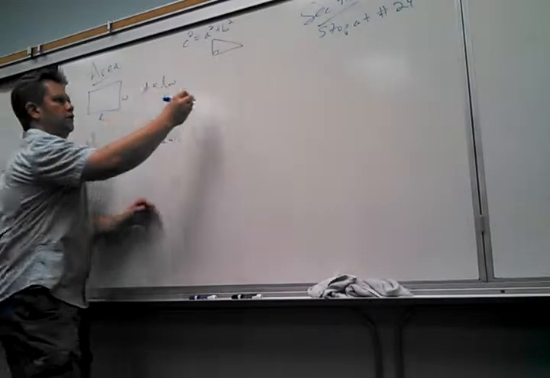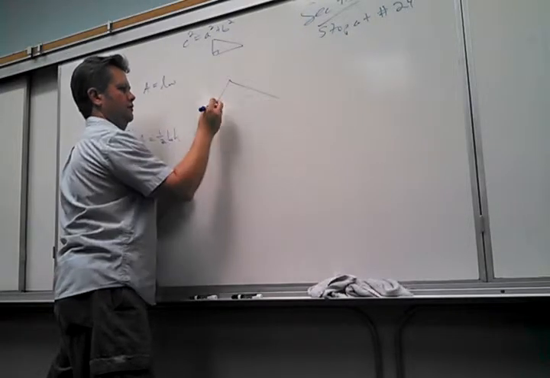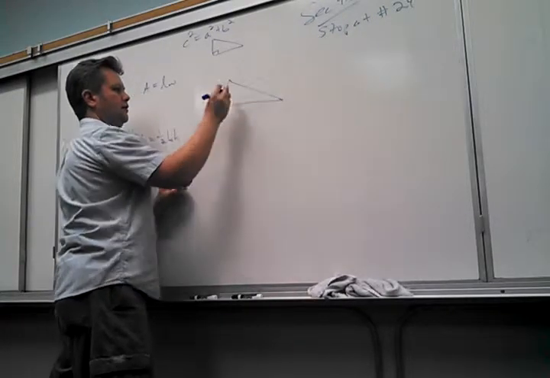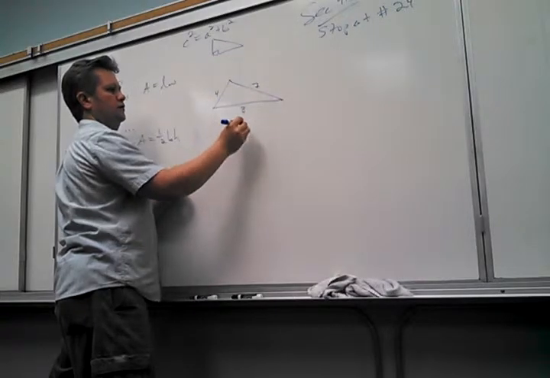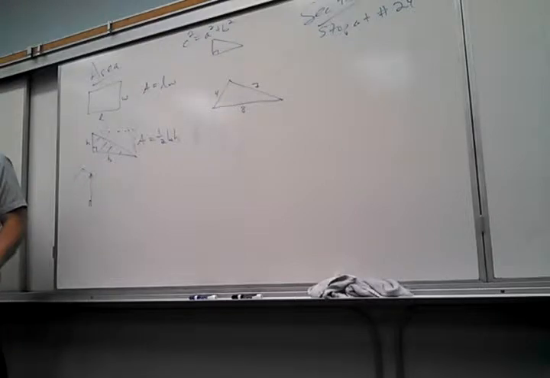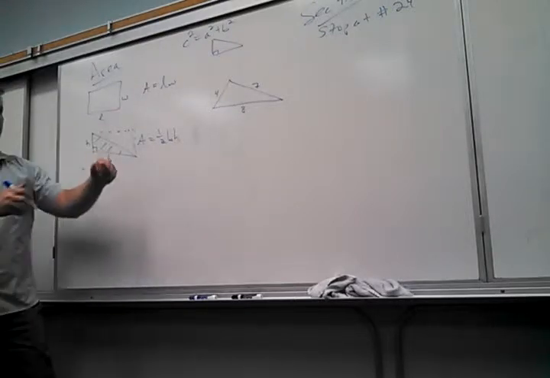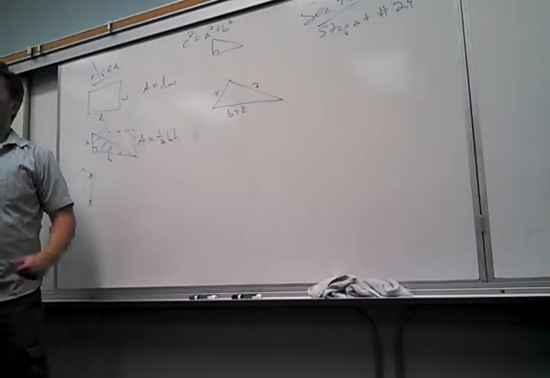If I had a triangle like this, let's say the sides are 4, 7, and 8, I don't have enough information to find the area. What's the base? 8. So we know the base is 8. What's the height? We don't know yet.